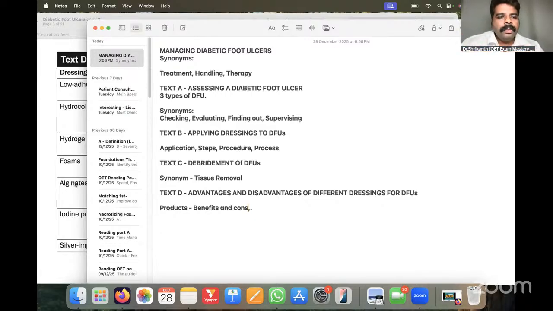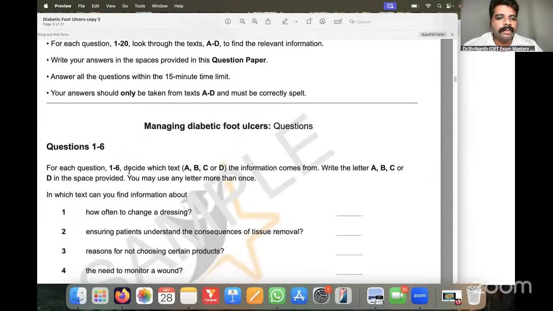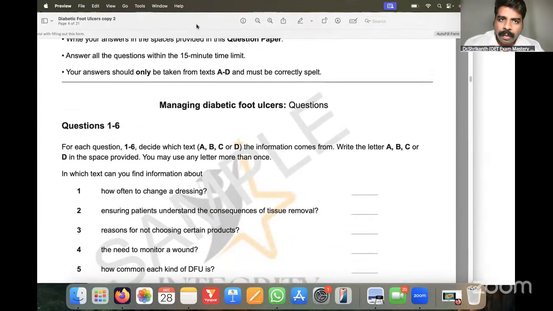Now, let's take a look at the very first question. There are so many strategies coming under Reading Part A guidance, but in today's class I just want to focus on your intuitive trust skill, your intuition developing skill.